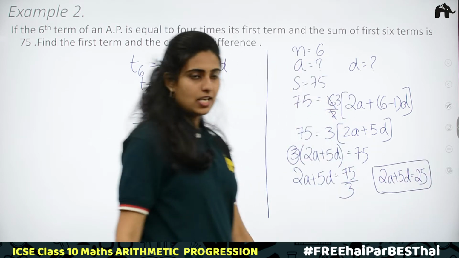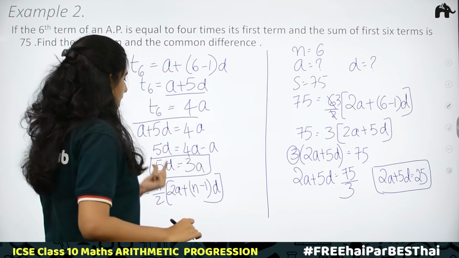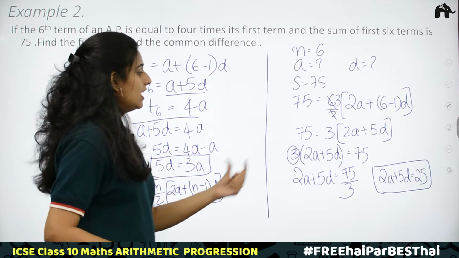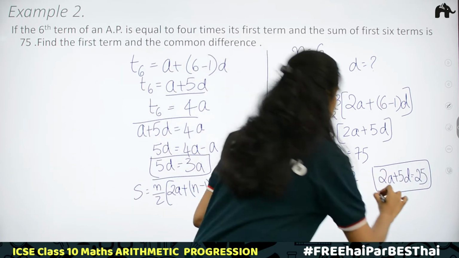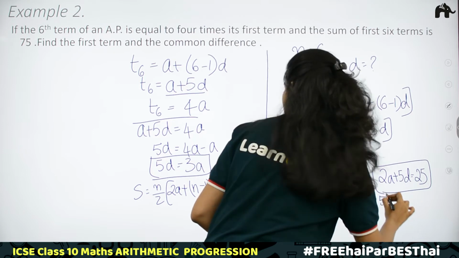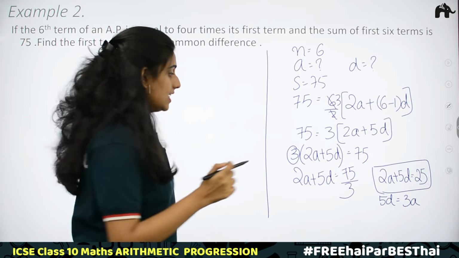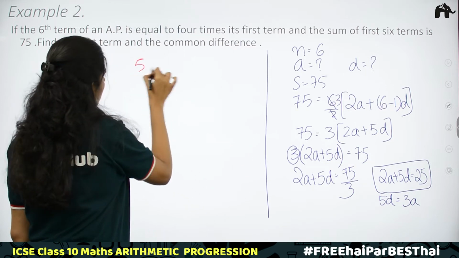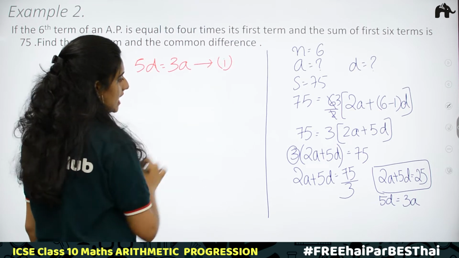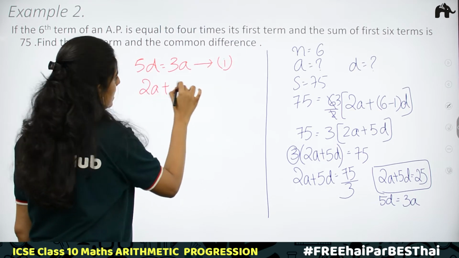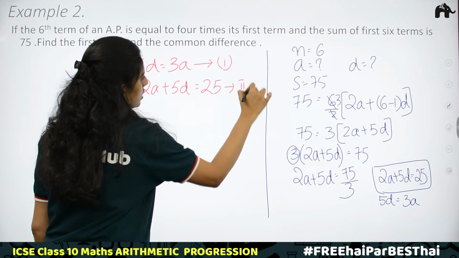Okay, 25. Here we have a relation connecting d and a: 5d is equal to 3a. Here we have 2a plus 5d is equal to 25. Let us take 5d is equal to 3a as equation 1 and 2a plus 5d is equal to 25 as our equation 2.